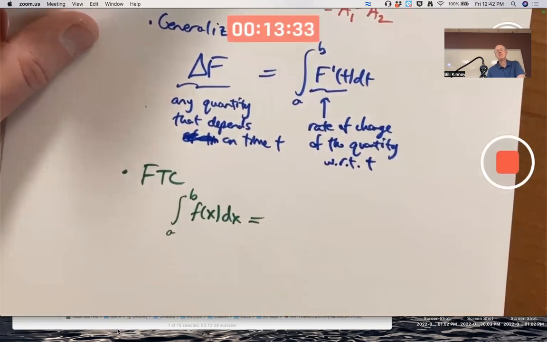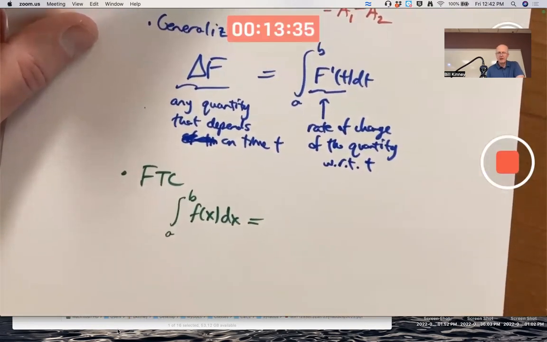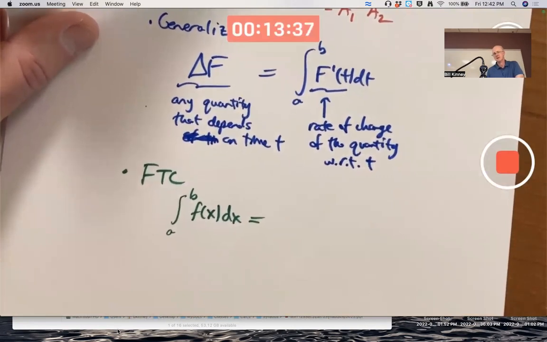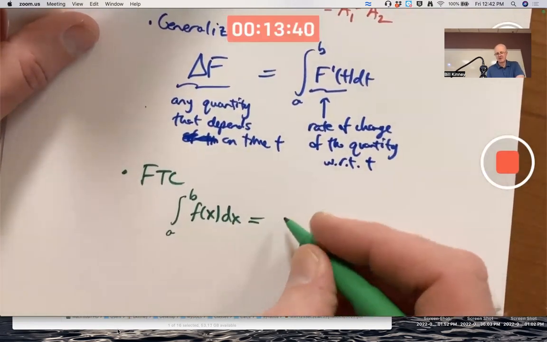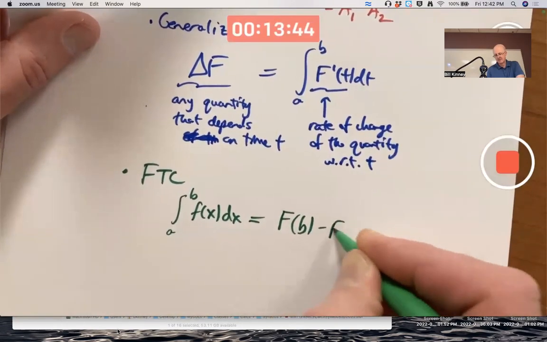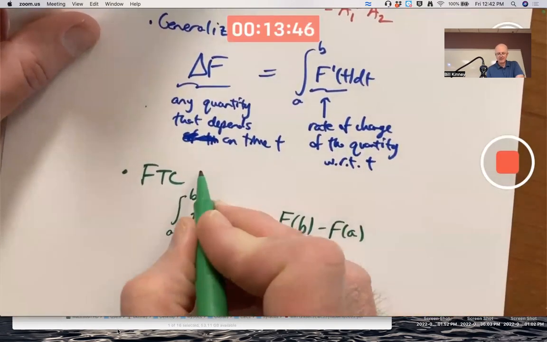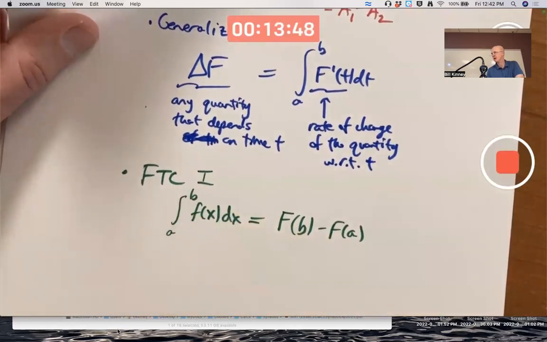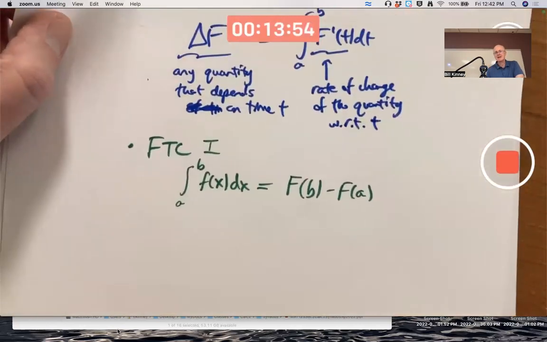We've mostly been using calculus by doing integrals. To do the integral, you've got to find an antiderivative, capital F, and do capital F of b minus capital F of a. We called that the first fundamental theorem of calculus, though many textbooks actually call it the second one, and I think that's actually a better label. But it is the one that's used more often, and so in that way, it's still an okay label.